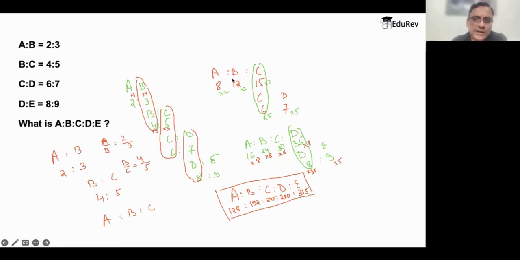Right. Now, when I form this A, B, C, if you notice, A is 8, which is basically the product of both the numerators, 2 into 4, 8. B is 12, which is the product of the first denominator and the second numerator. 3 into 4 is 12.